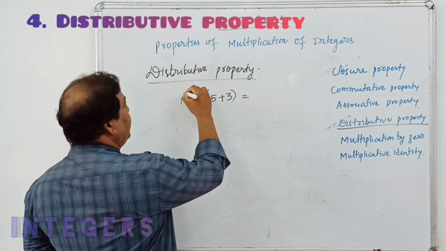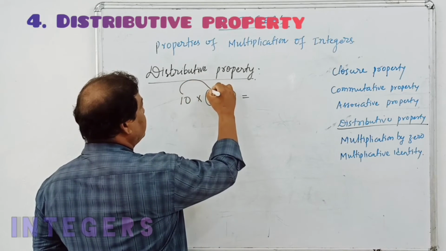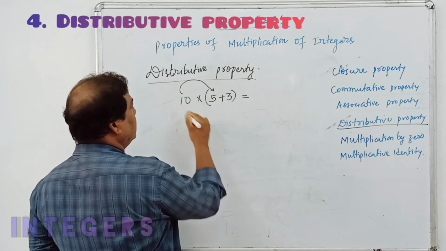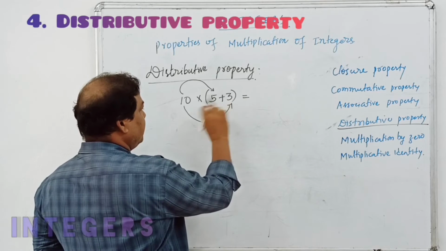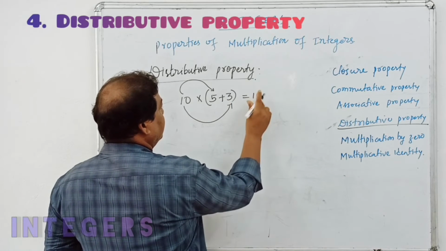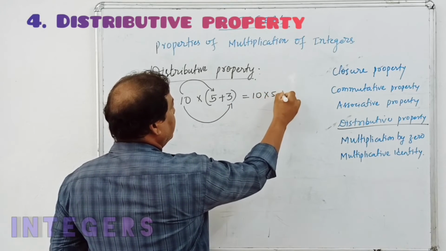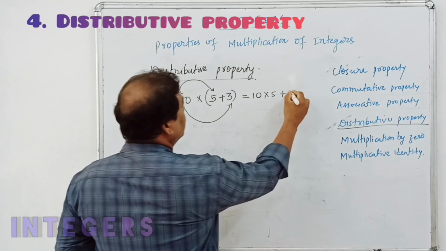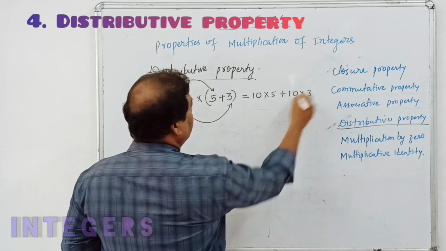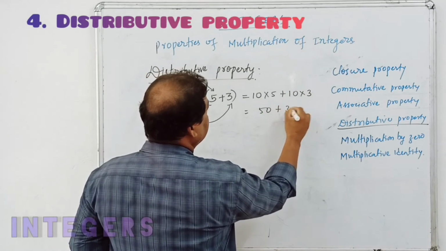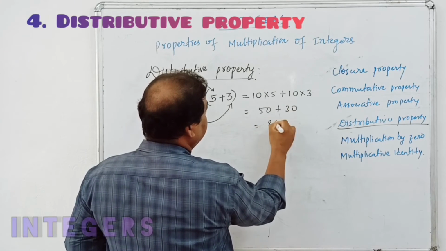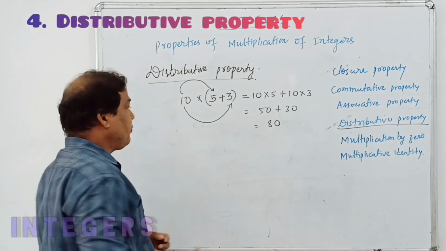So 10 multiplied with the first term, that is 5, and 10 multiplied with the second term, that is 3. Means 10 into 5, then 10 into 3. So 10 fives are 50, 10 threes are 30. The result will be 80.